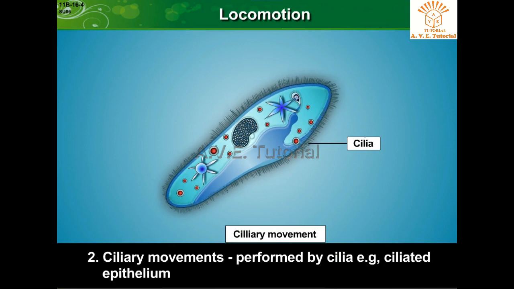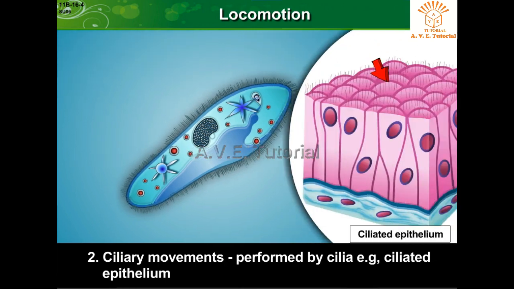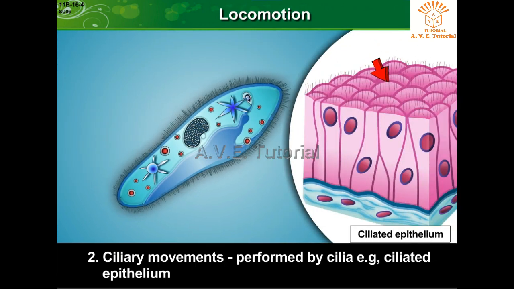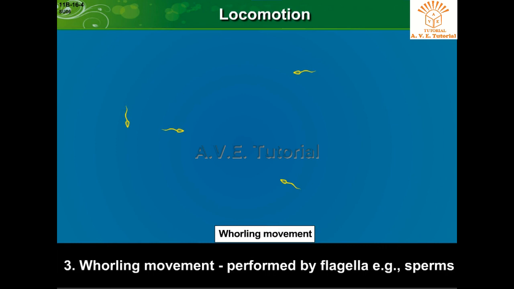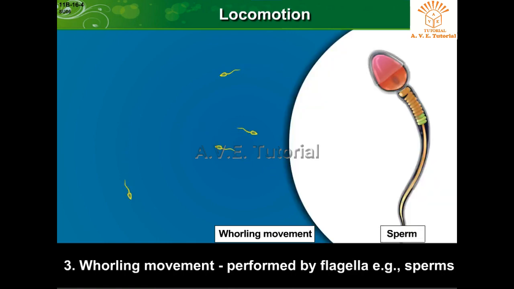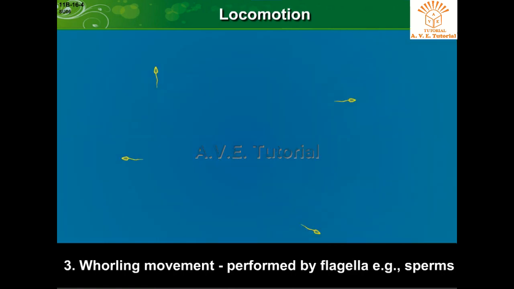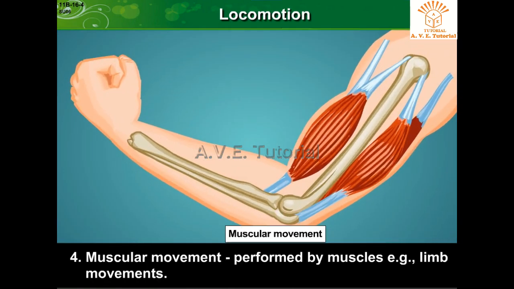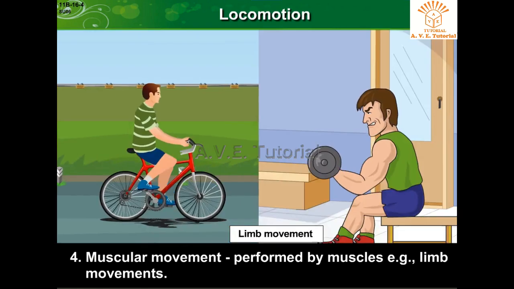Ciliary movements performed by cilia, example, ciliated epithelium. 3. Whirling movement performed by flagella, example, sperms. 4. Muscular movement performed by muscles, example, limb movements.